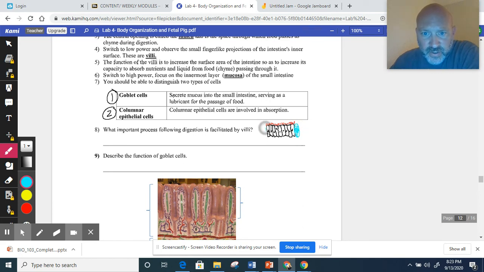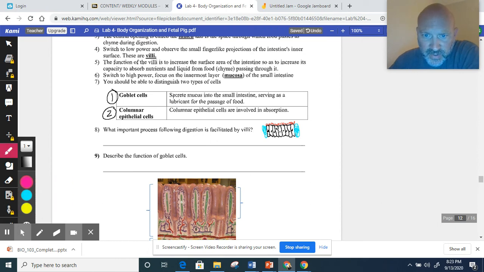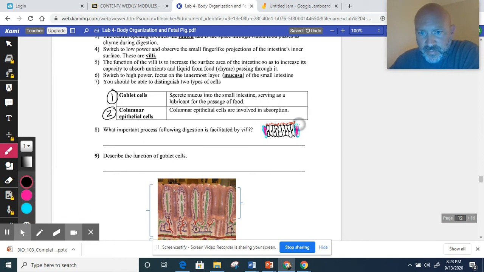And these cells are called goblet cells. If we're looking at this slide, they would stain purple. They would be embedded in the middle of these columnar cells. And then the columnar cells would continue like this on both sides.